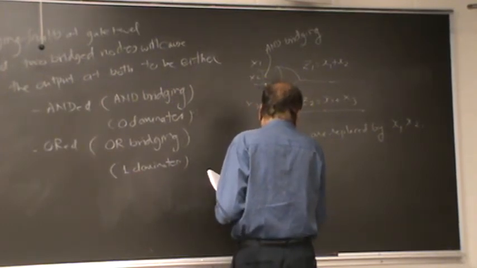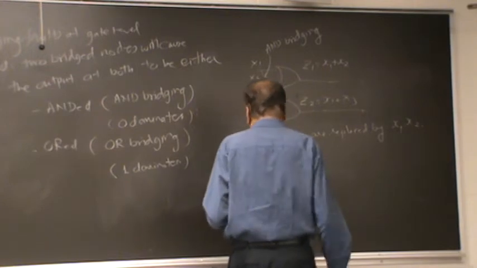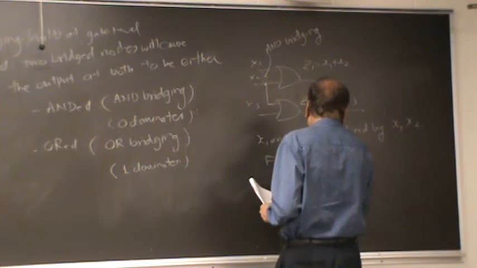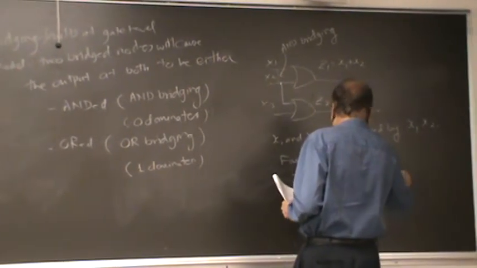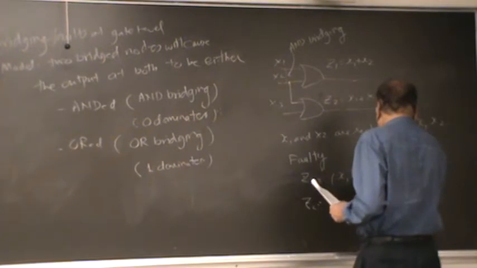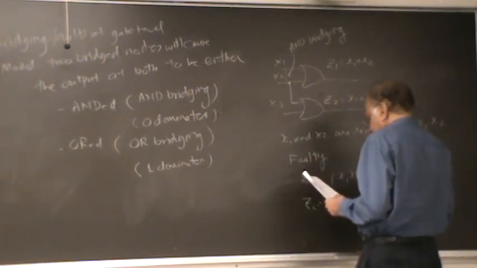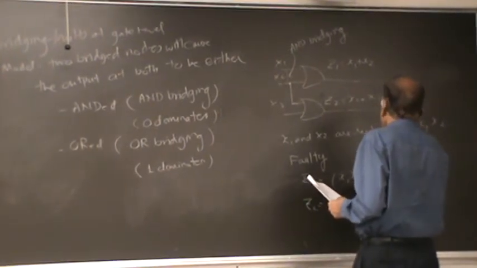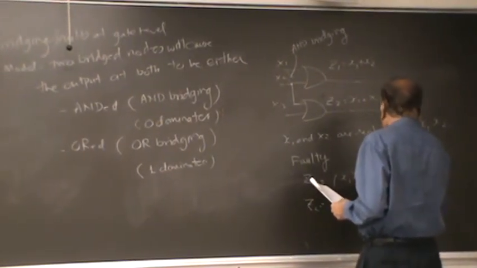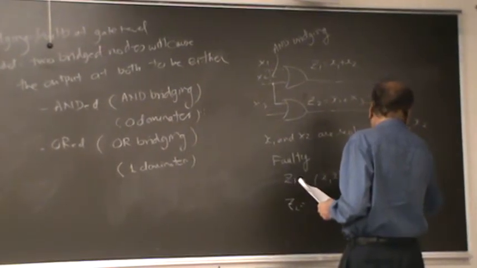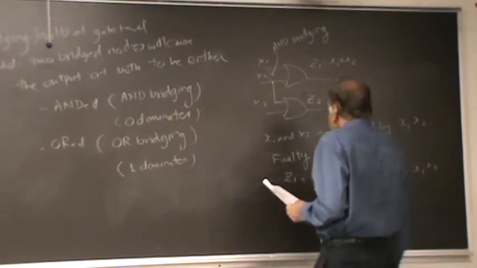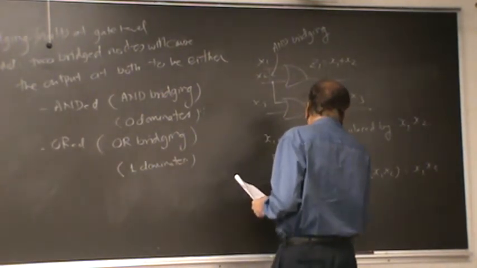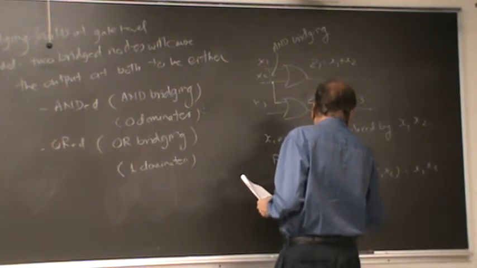In that case, the faulty value of Z1 and the faulty value of Z2 are going to be as follows. This X1 is replaced by X1 X2, and X2 is replaced by X1 X2, so Z1 is X1 X2, and in Z2, this X2 is replaced by X1 X2 plus X3.